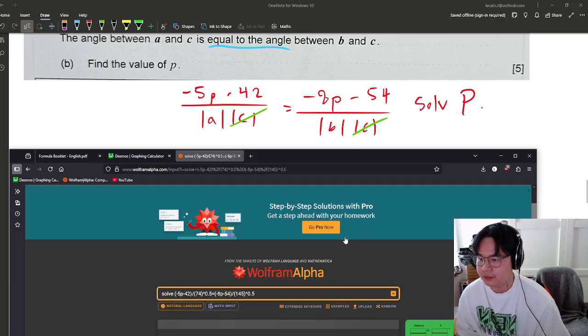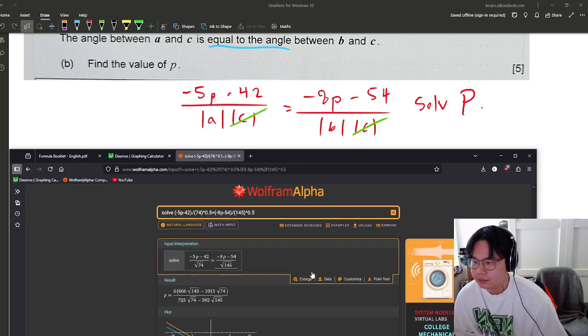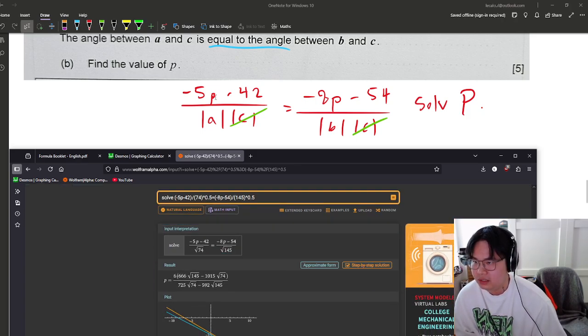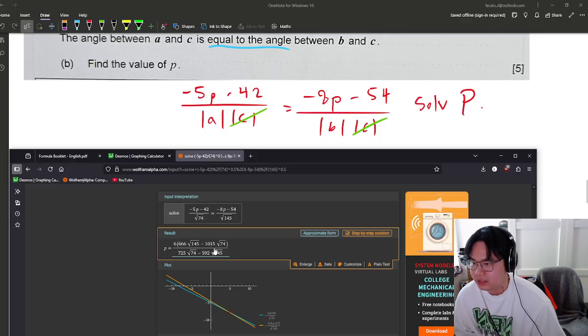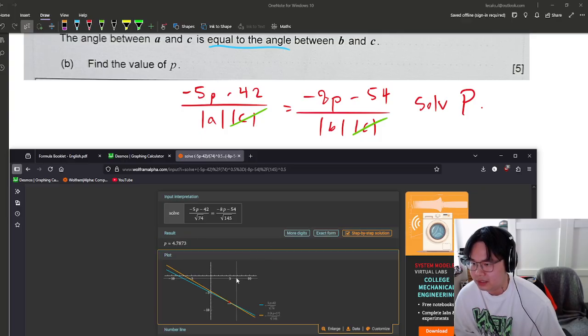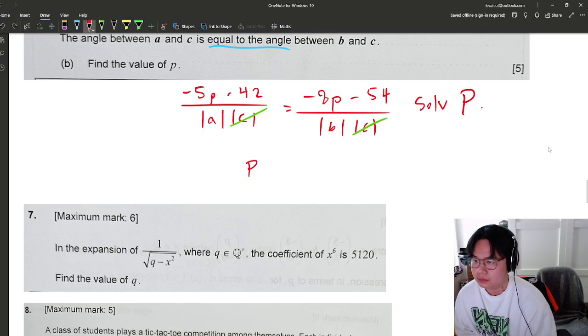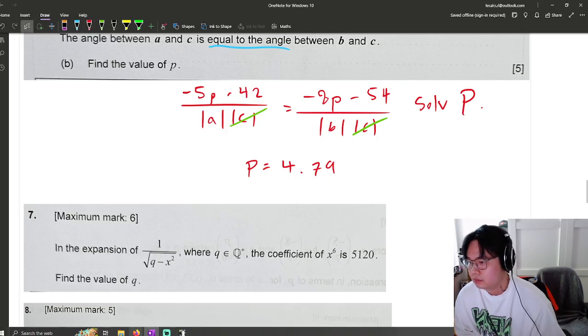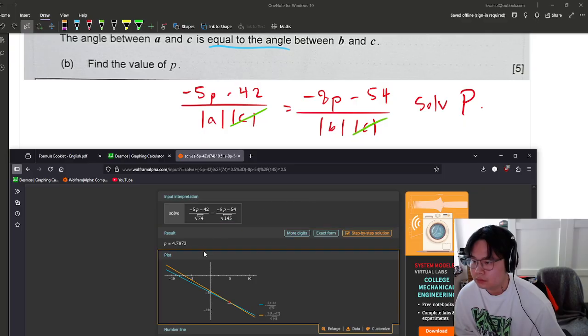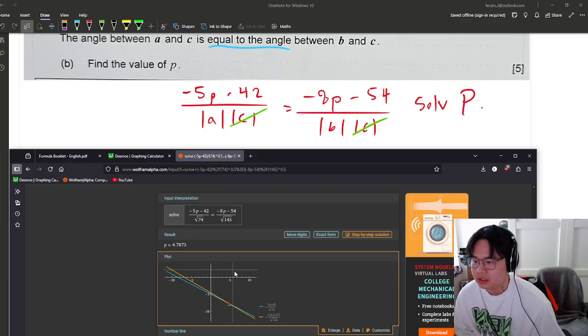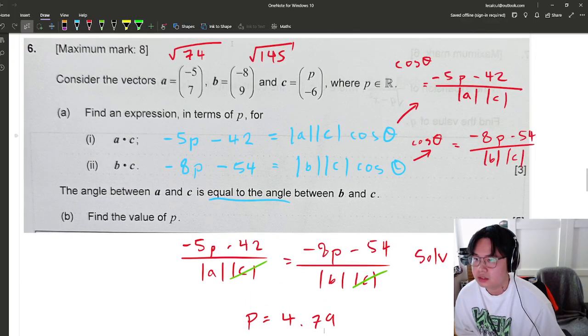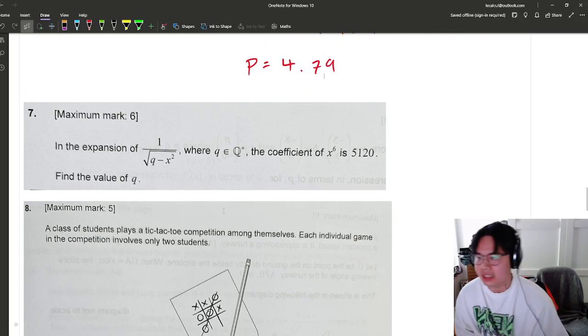Okay, equation solve. Yeah, that looks about right. Approximate form, please. 4.79. Sure. Something like that.